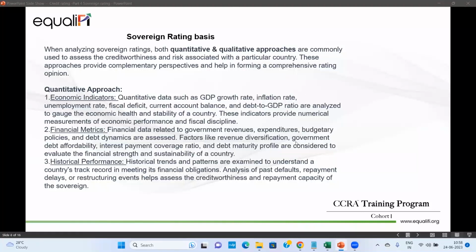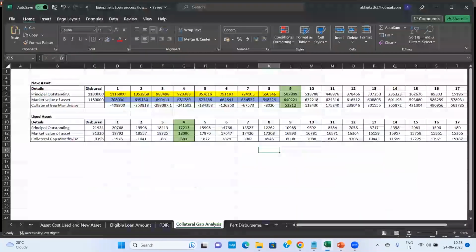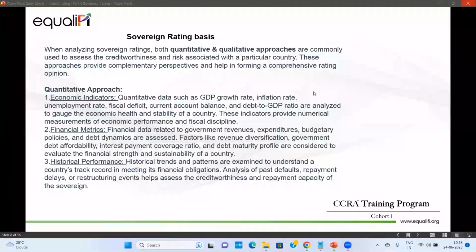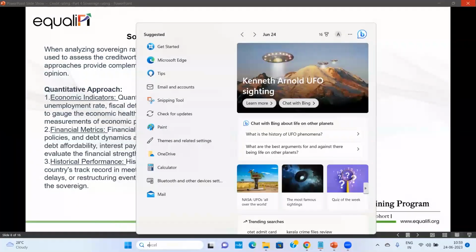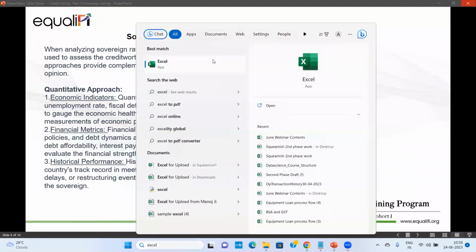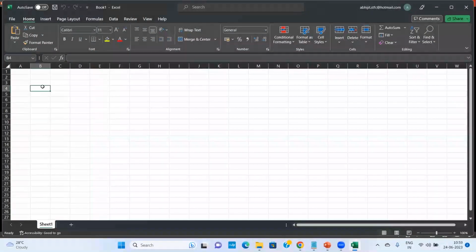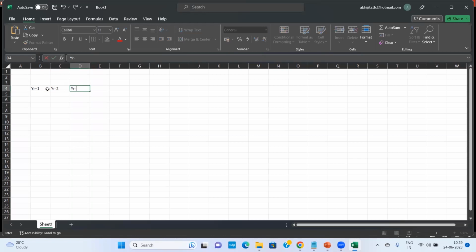Now, the next one is historical performance and pattern. When I talk about historical performance and pattern, I'll open a different Excel. Whether it is paid directly or indirectly doesn't matter, but it goes to the government, right? Now, say for an example, year 1, year 2, year 3, and last financial year.